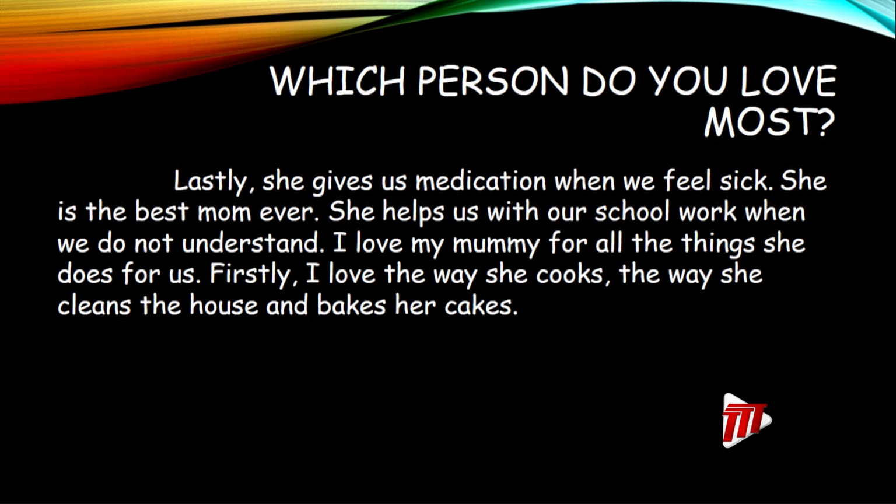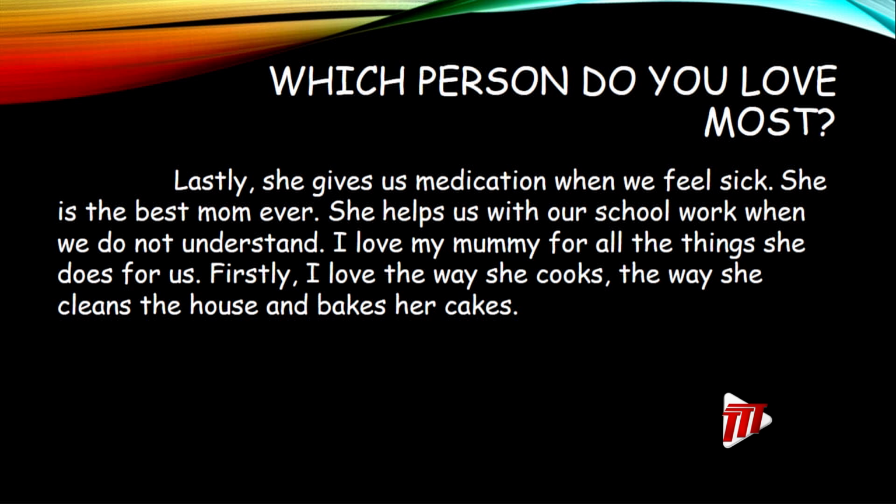While you read it now, I want you to try to see if you can put it in order in your mind using what I told you about our transitional words, and about your main idea. Just remember, your main idea is what this paragraph is about. So let's go. Lastly, she gives us medication when we feel sick.